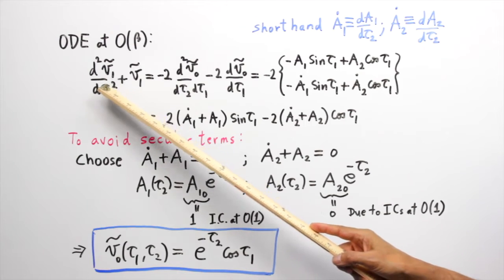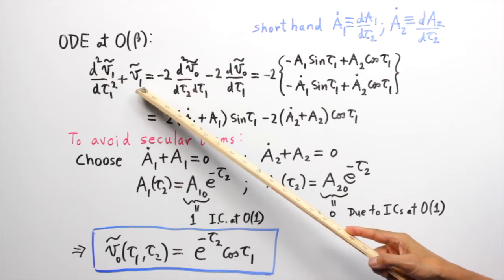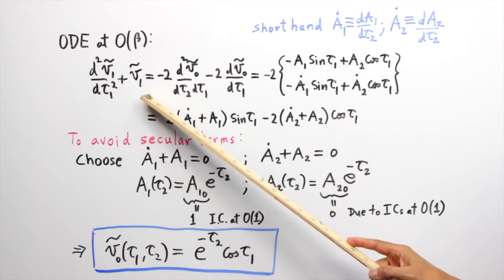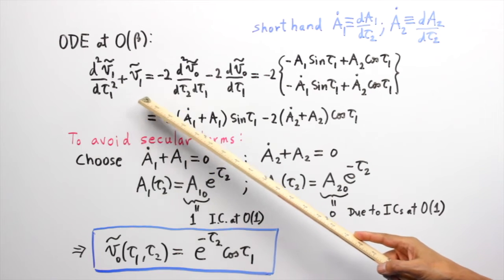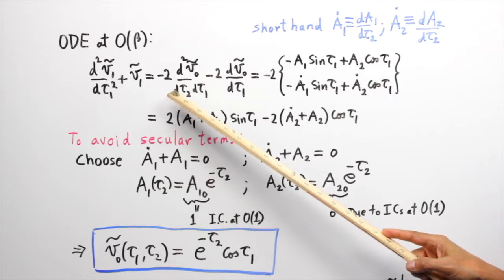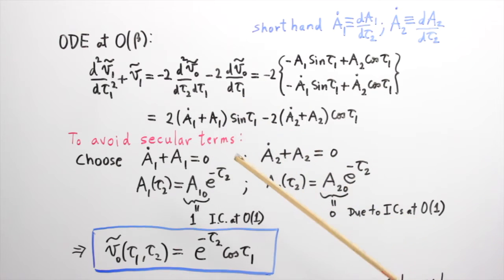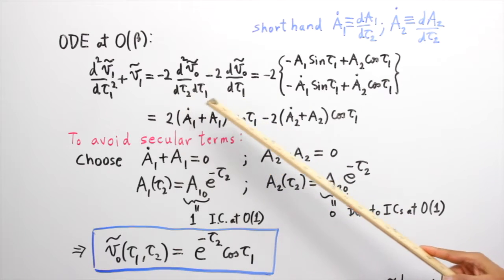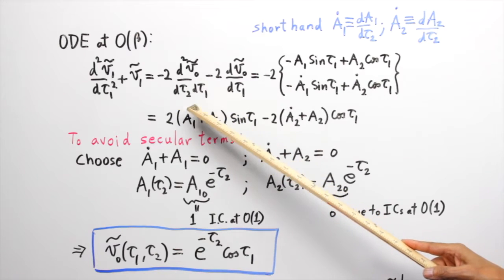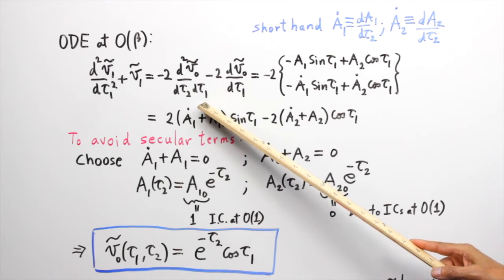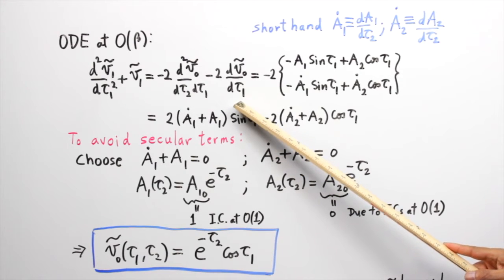And so let's write the differential equation at this order. v1 tilde is the correction to the undamped oscillation, so the left-hand side is still the undamped problem. But on the right-hand side, we have terms that appear as corrections from the multi-timescale expansion that we have introduced, and this term is coming from damping.